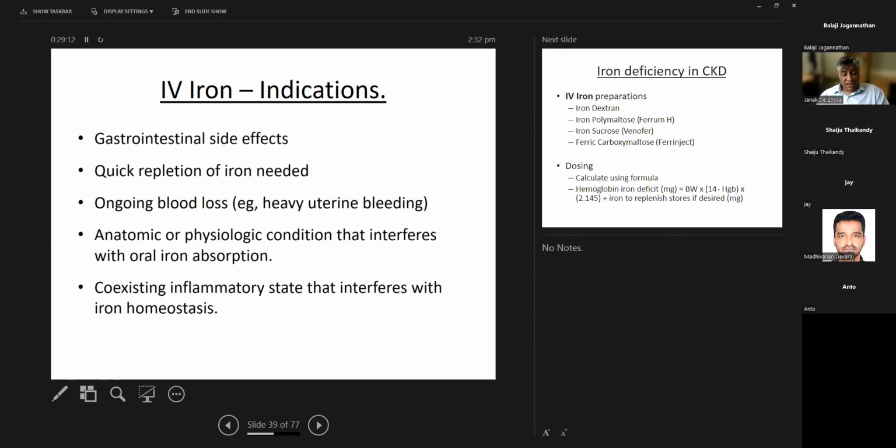If the patient can't tolerate oral iron, then we'll often use IV iron, which obviously is bypassing the gastrointestinal tract. The thing with IV iron is that you can give a large dose, so it very quickly repletes the iron that's needed. And if you've got things like bleeding related to heavy menstruation or blood loss from the gastrointestinal tract, then you often need IV iron.